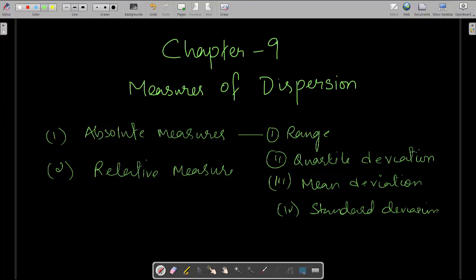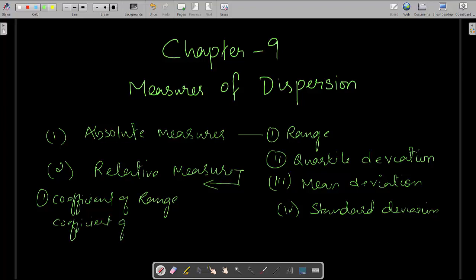Clear? In relative measures, we will be finding the coefficient of all these absolute measures. So relative measures is also called coefficient. Coefficient of range, coefficient of quartile deviation, we can just write QD.